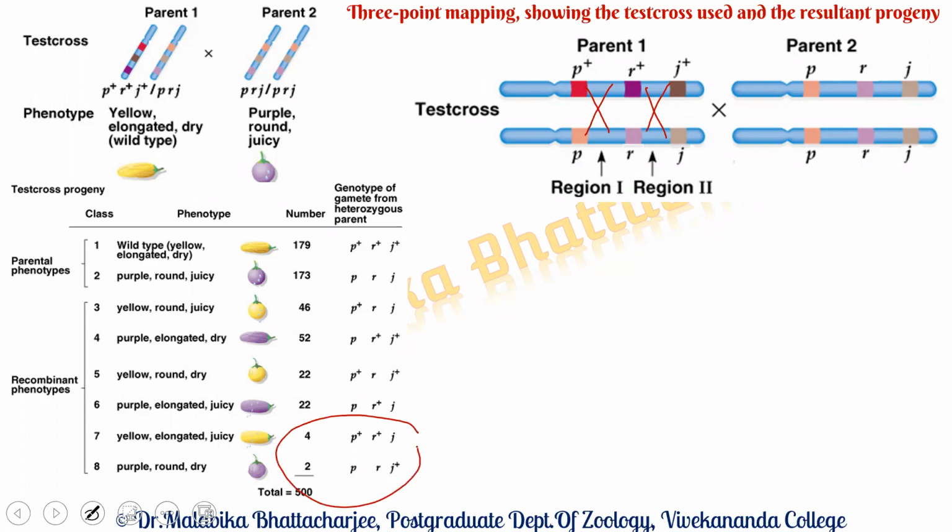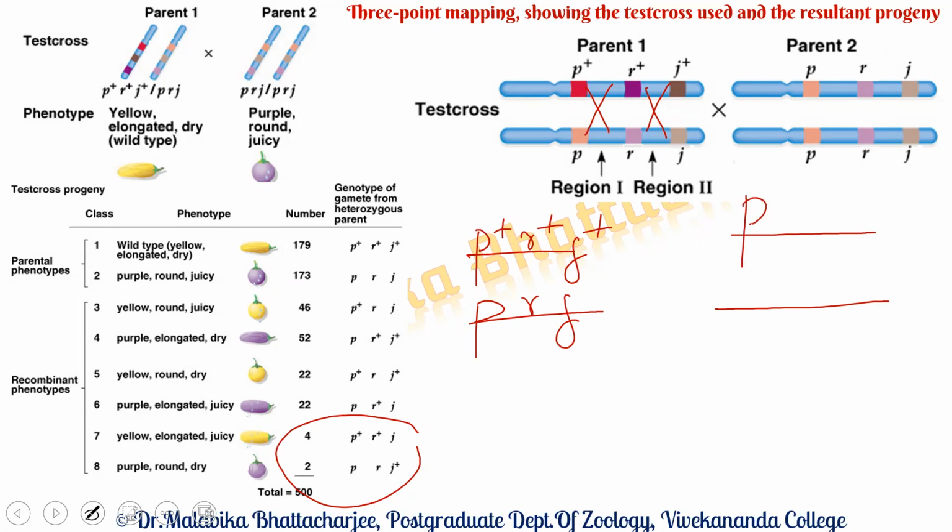So how do we understand which is the middle gene? Now look at the parents: P plus, R plus, J plus. This is one. The other one is P, R, J. Now let us look at the double crossovers: P plus, R plus, J and P, R, J plus.